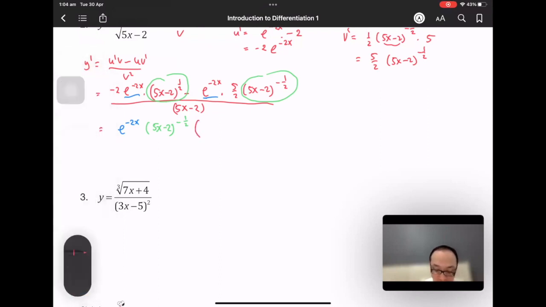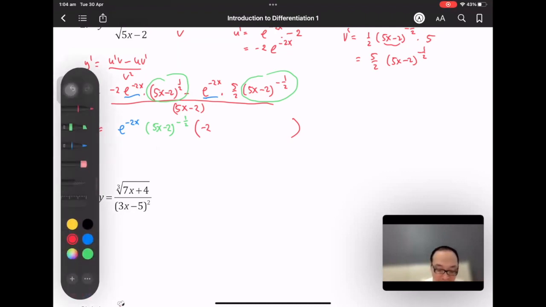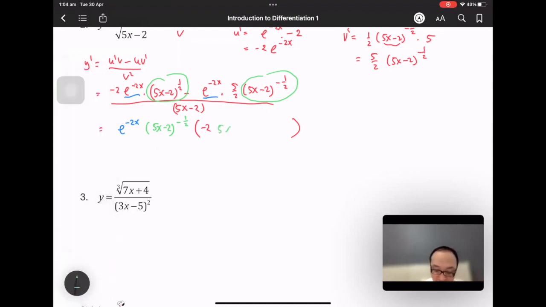Okay, and then now we put the remaining terms. From the first one, we have negative 2, and then we have (5x minus 2) to the power of 1, because this is minus half, this is power of half. So if you divide, that means you subtract the power: half minus negative half equals 1.